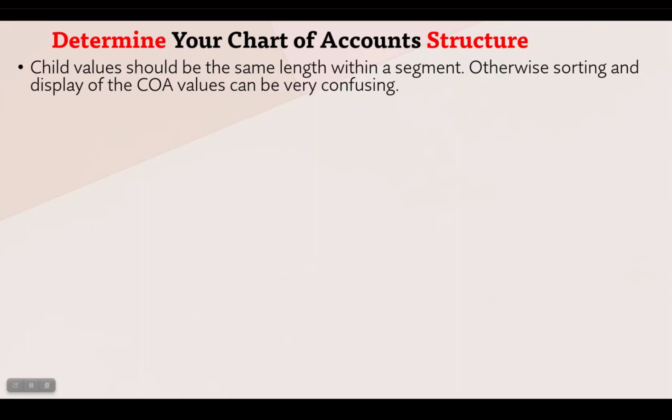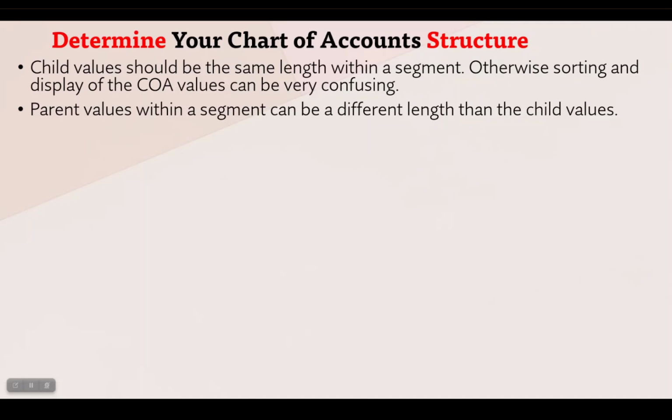So these child values should be the same length within a segment. For example, if the segment is 8 digits, 7 digits, whatever, it must be the same, because otherwise sorting will be confusing when displaying the chart of account values. Parent values within a segment can be of different lengths than child values.